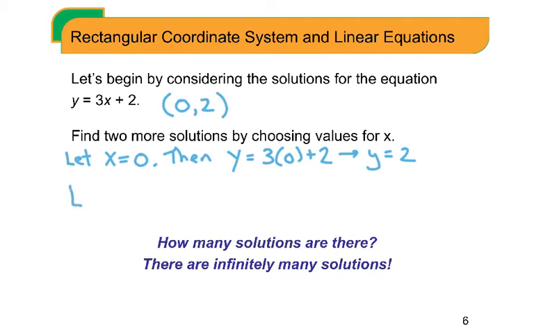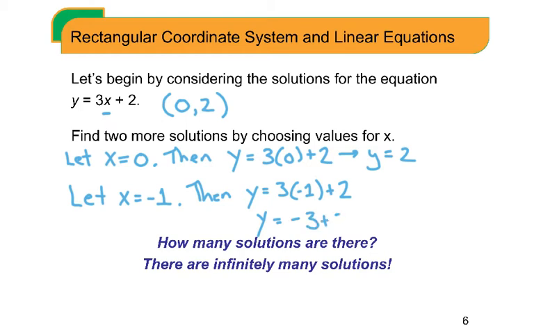Now pick another number. Maybe pick a negative number. Let x equal negative 1. Then y equals 3 times negative 1 plus 2. So be a little careful here. y equals negative 3 plus 2, which equals negative 1. So when x equals negative 1, y equals negative 1.